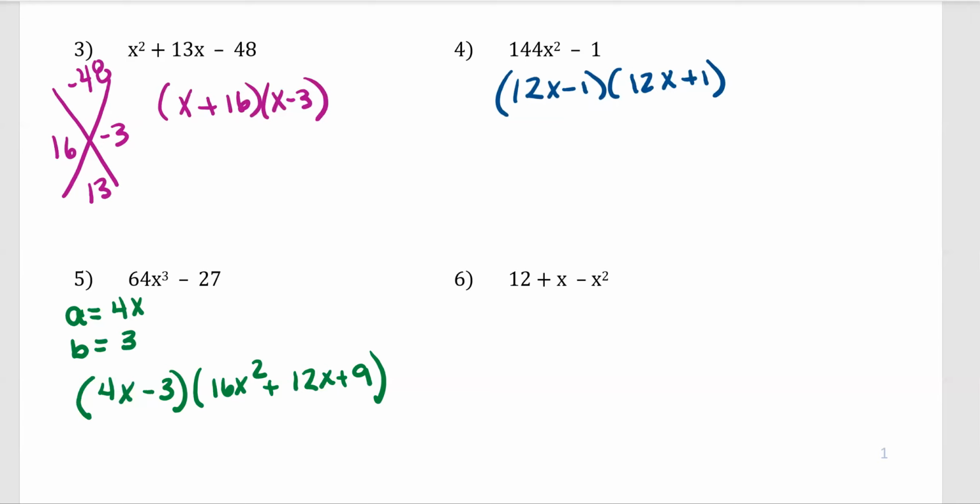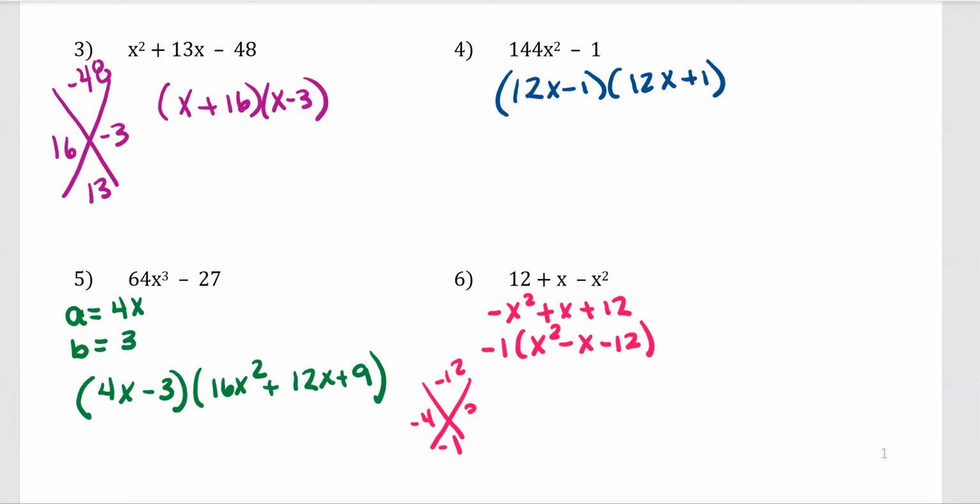Number 6, there are a couple ways to factor this one. If you write it in descending powers of x, since the leading coefficient is negative, you take out a negative 1, and now you need the factors of negative 12 that add to negative 1.